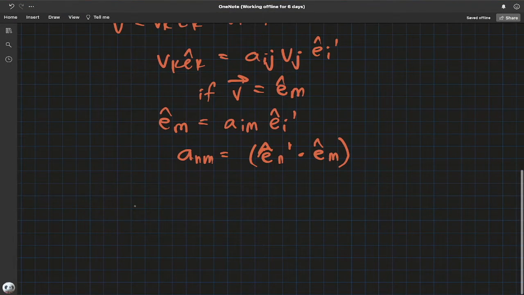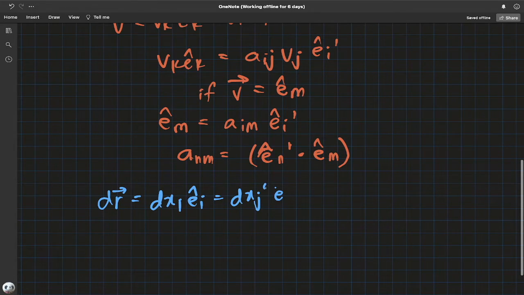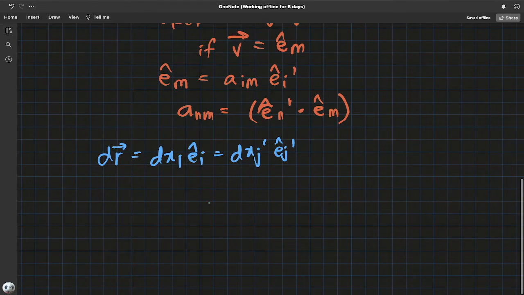Okay, so now assuming you have the position vector, because we dealt with this in terms of curvilinear transformations, you can write this in a standard basis. You can also write this as dx_j prime e_j prime, and you can use the same logic as before: dx_i is equal to a_ij dx_j prime. Now what is dx_i?